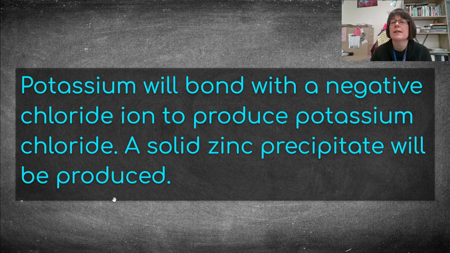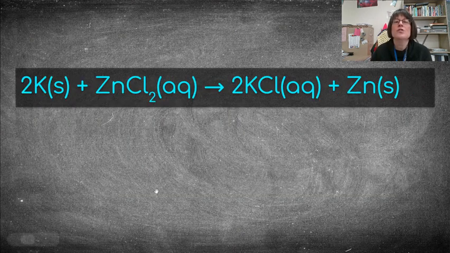So in this case, yes, a zinc precipitate is being formed. So we have the reaction 2 potassium plus zinc chloride yields 2 potassium chloride plus zinc, because potassium is more active and will cut in and steal the chloride from the zinc, in a sense.